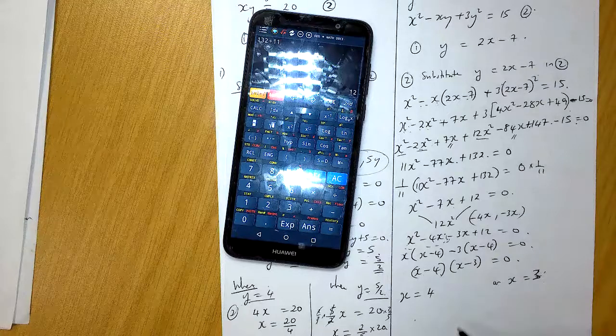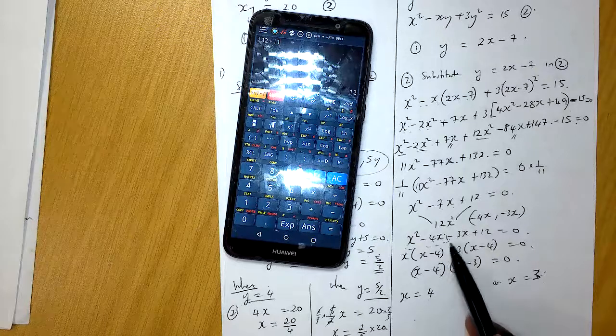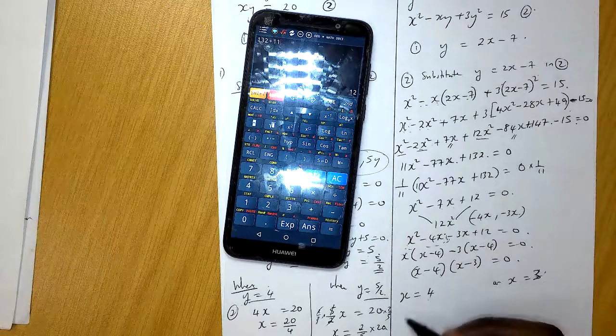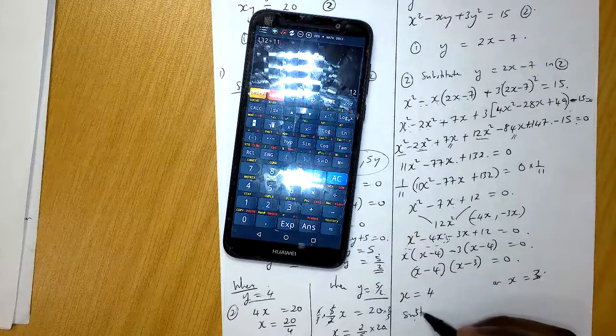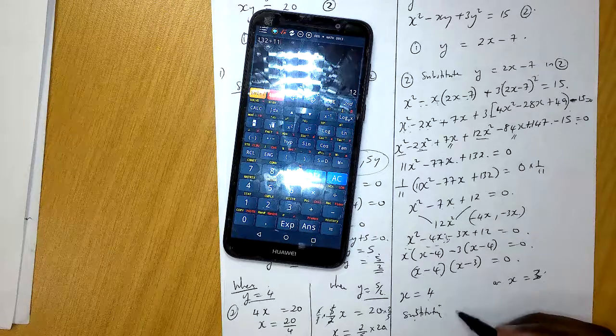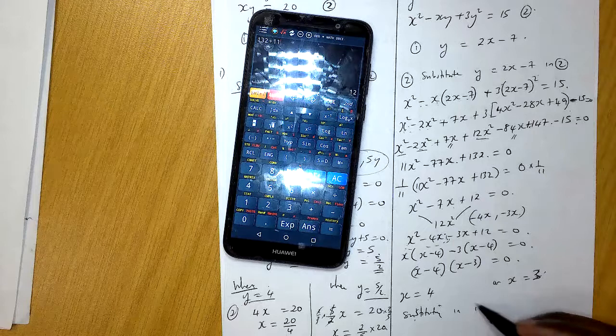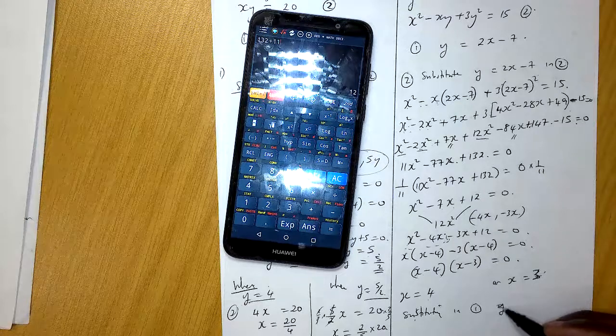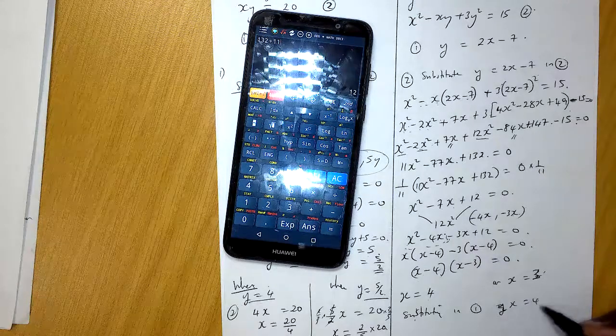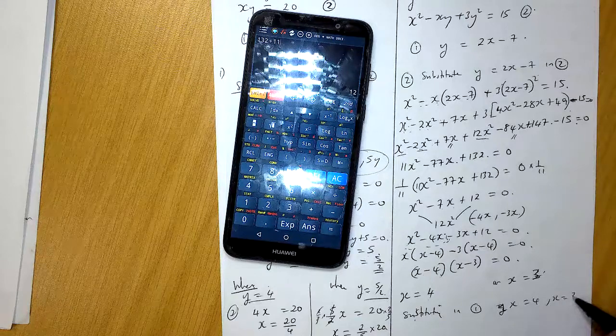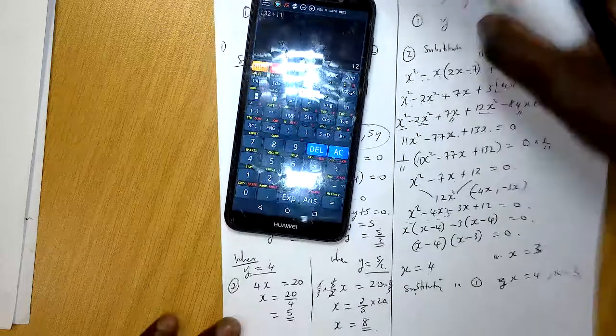Now we are going to substitute, substituting in equation 1, x equal to 4 and x equal to 3. That's what we have here. Now, what are we going to do here?